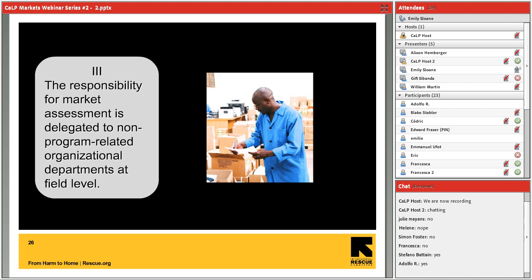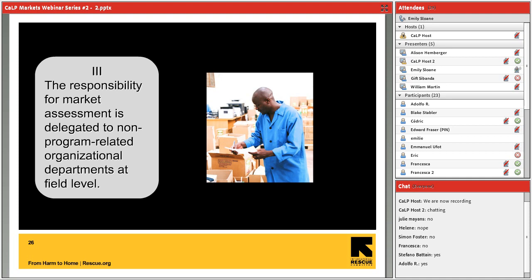If these two processes are done separately, you have this case where program people might be recommending a cash-based response, and logistics supply chain people may be recommending an in-kind response, and because they ultimately make the decision, that's what prevails.